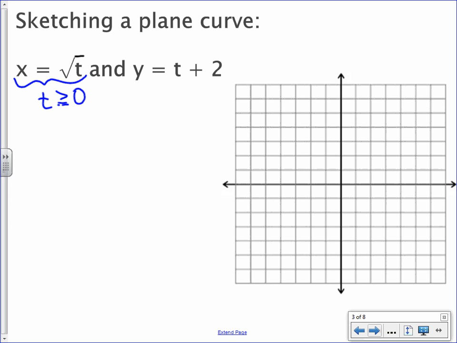What about the y equation? t can be anything, right? So as far as the domain is concerned, all real numbers.